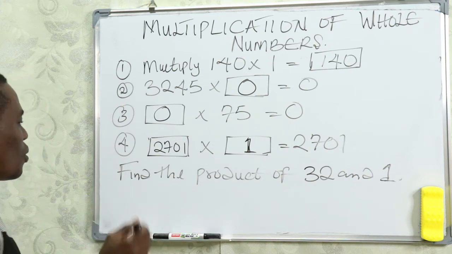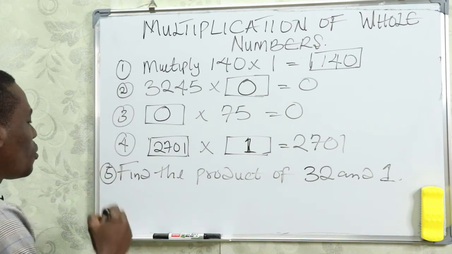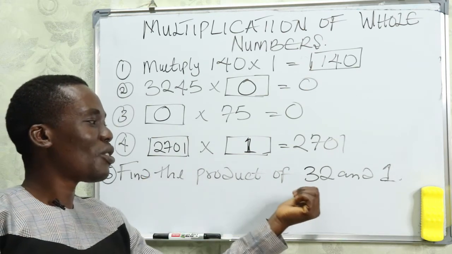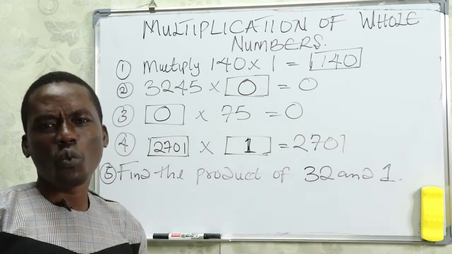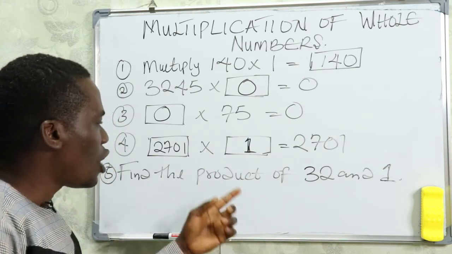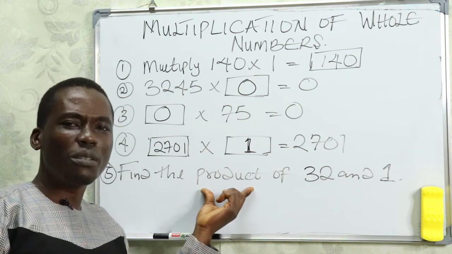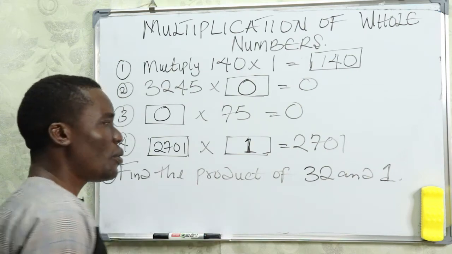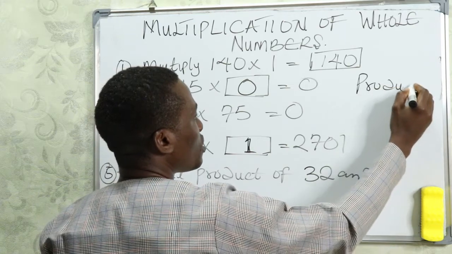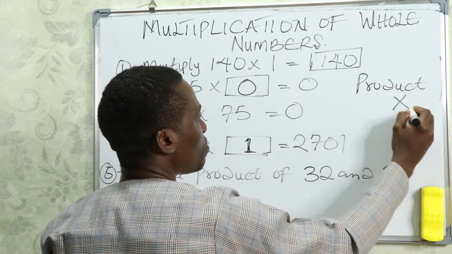Now let's look at finally, the final question, number 5. The question says you should find the product of 32 and 1. You are in grade 5 now and you must have seen this word product in several places. Do you know what product means? In mathematics, product means multiplication.